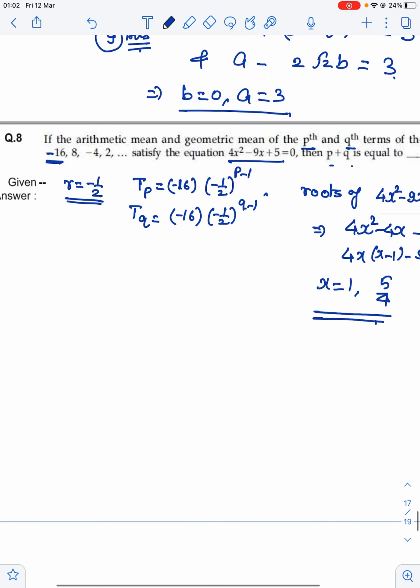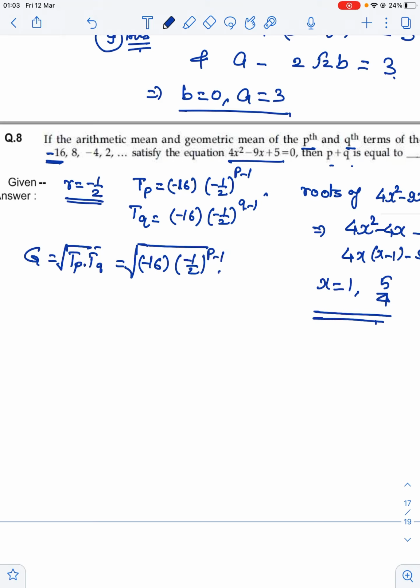Now let us take the geometric mean of this Tp and Tq. So the geometric mean is the root of Tp into Tq, which is the root of minus 16 into minus half to the power p minus 1, into minus 16 into minus half to the power q minus 1. So by the value we can say only x equal to 1.